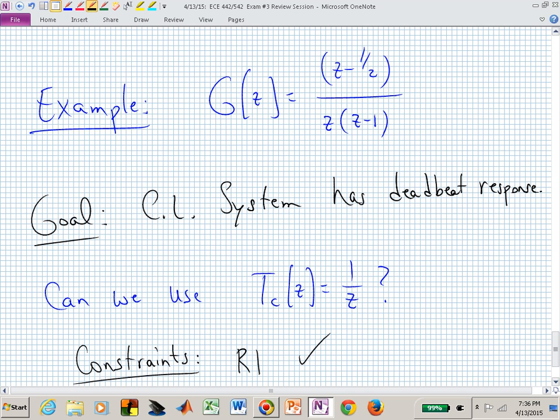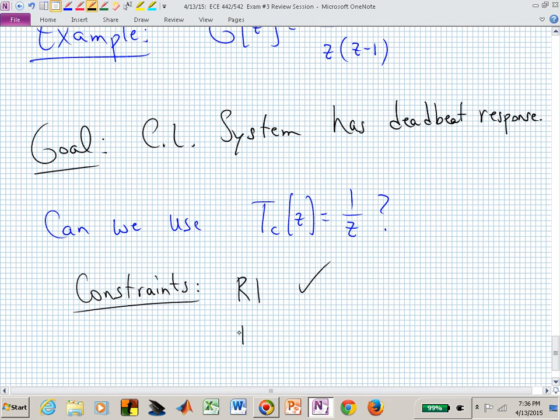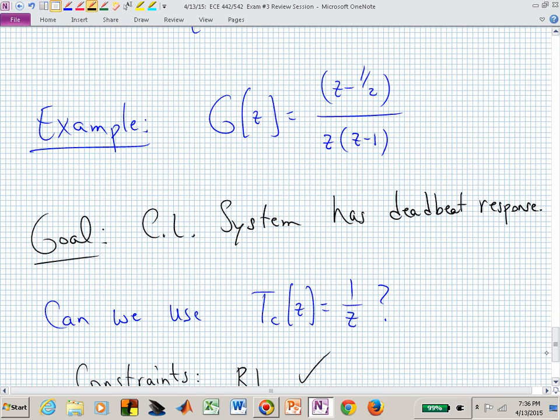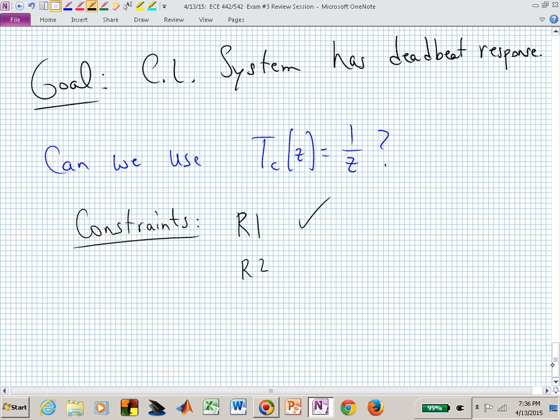What about restriction 2? Do we have any unstable zeros in G of Z? No, so we don't need to worry about restriction 2. So R2 does not apply.